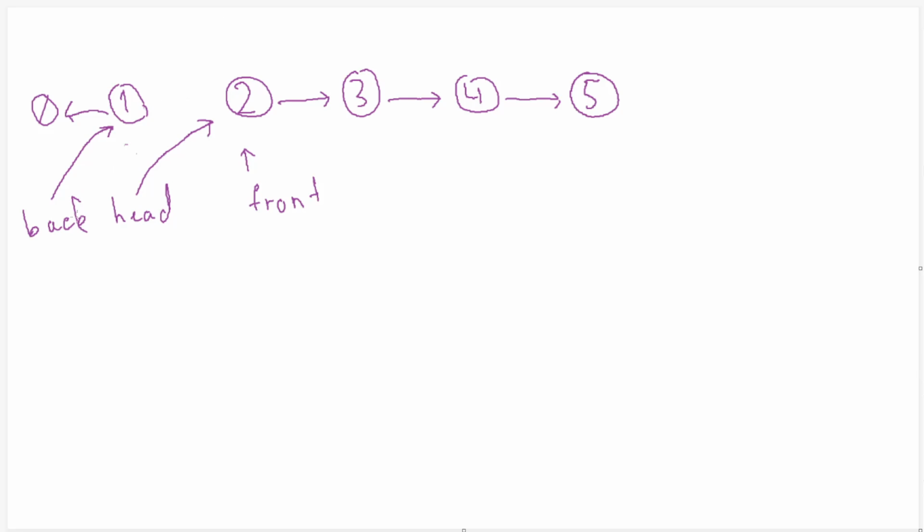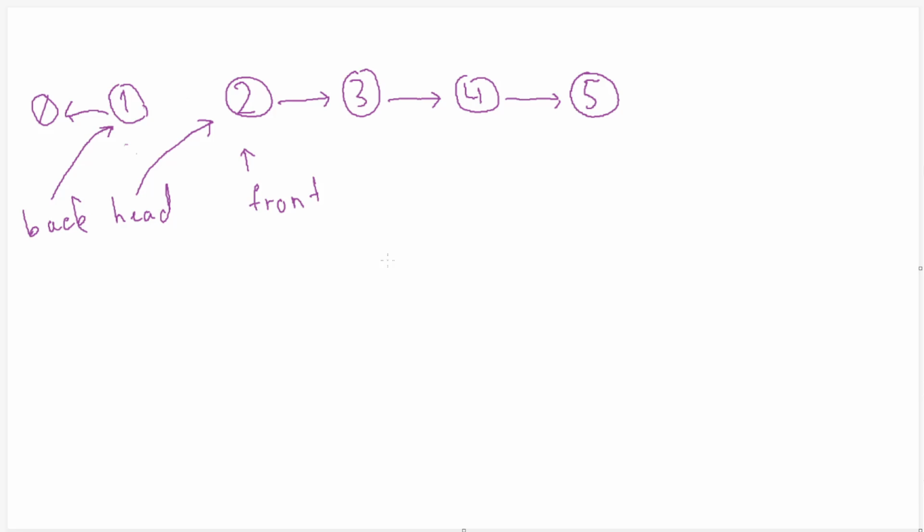And then we need a way to update our back to this newest value, and then have a way for head to go up to this new front value once we don't have this pointer anymore, once this pointer is pointing over here. So that's why we have to have these pointers in strategic locations and move them at the appropriate time in order to successfully reverse the linked list.